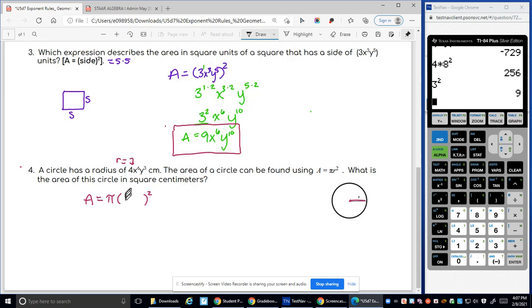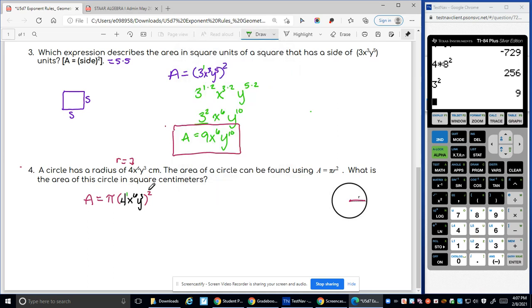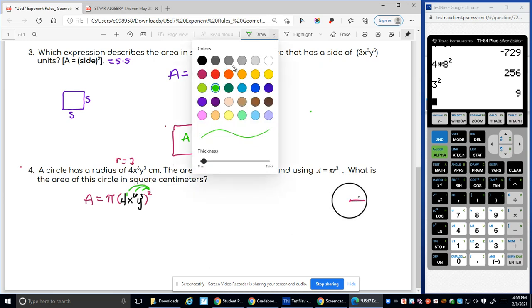So r is equal to 4, x to the 6th power, y to the 3rd. Okay? So just like we did last time, we look, what do I have to do? That's power of a power, right? So I'm going to put in my little hiding exponent right here of 1. And I'm going to distribute and multiply times each and every one, right?